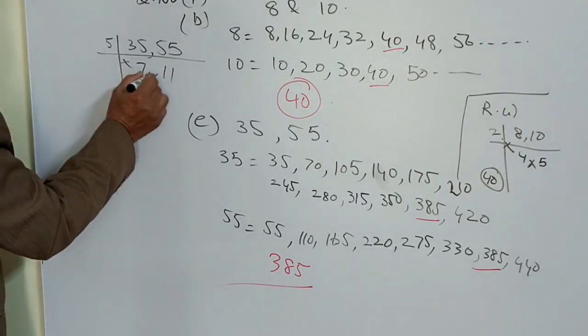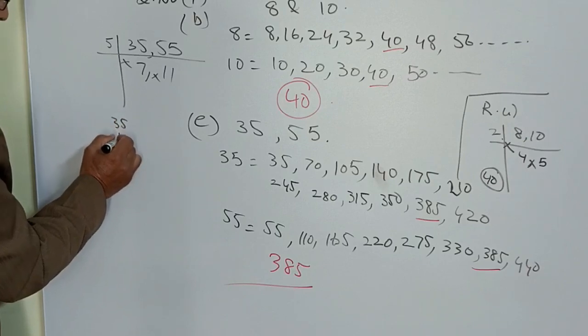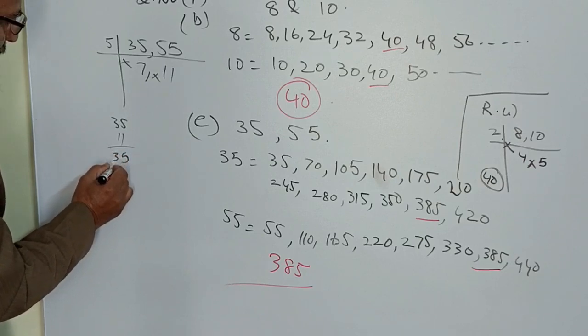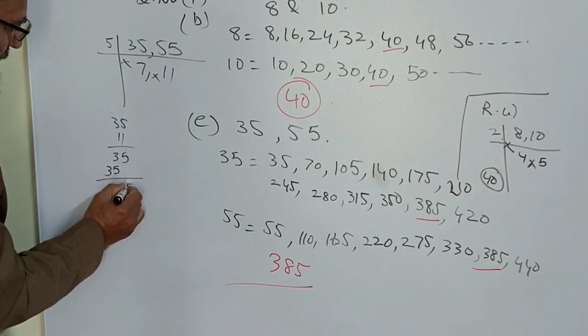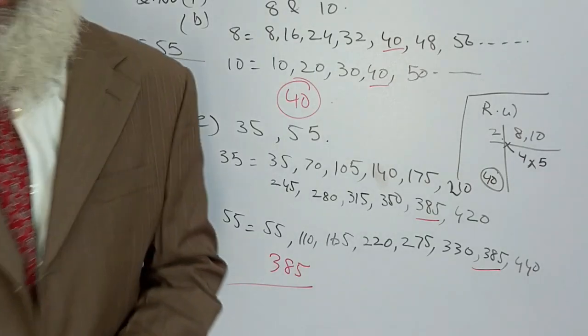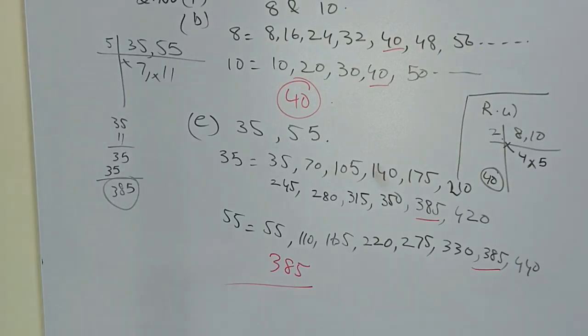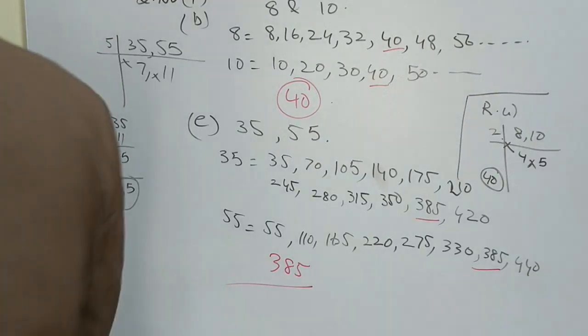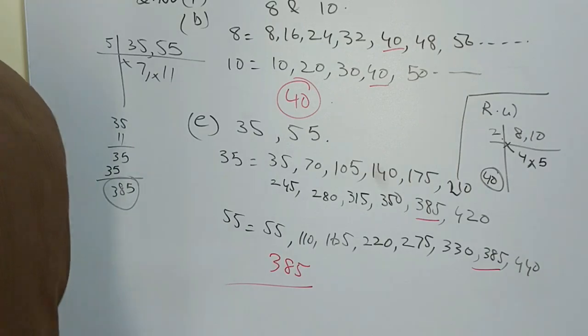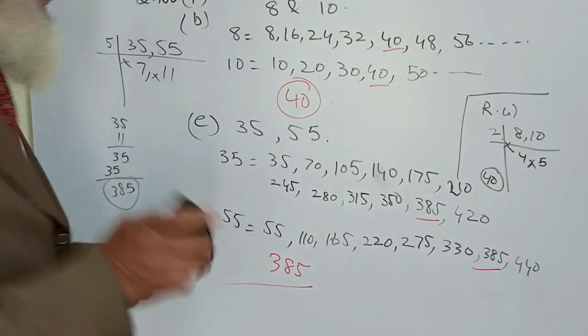We just multiply all these. 5 sevens are 35 and 11, 5, 35, 5, 35. In just 2 steps, what we got is the same number, 385 and 385.